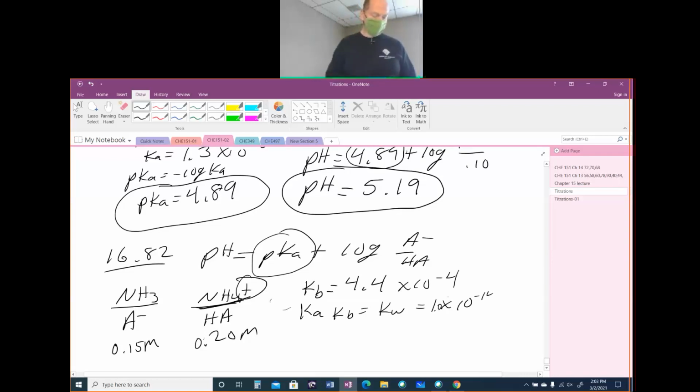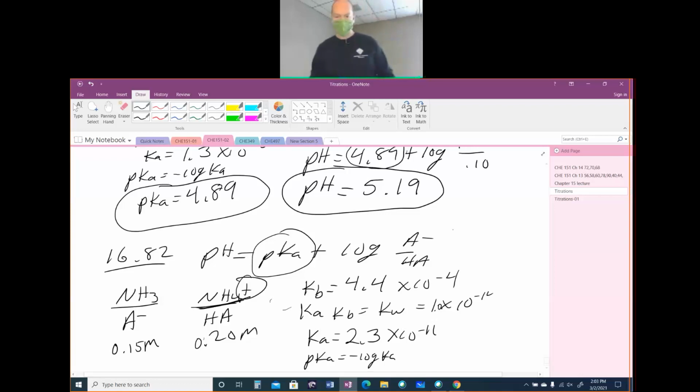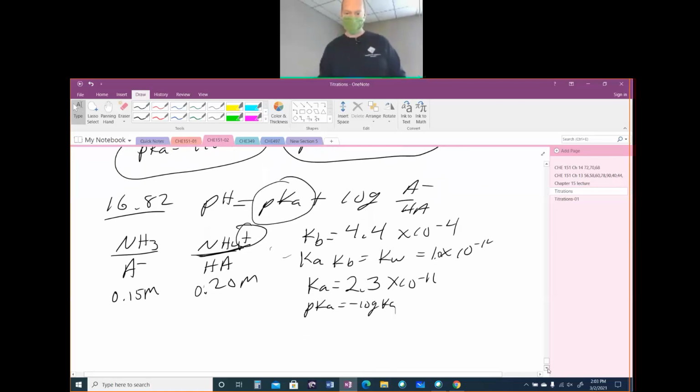So you take 1 times 10 to the minus 14, divide by 4.4 times 10 to the minus 4, and you get a Ka value of 2.3 times 10 to the minus 11. All right, but actually we don't want the Ka, we want the pKa. So we need to take the negative log of this value. The negative log of this answer is 10.64. So now we have our pKa of 10.64.